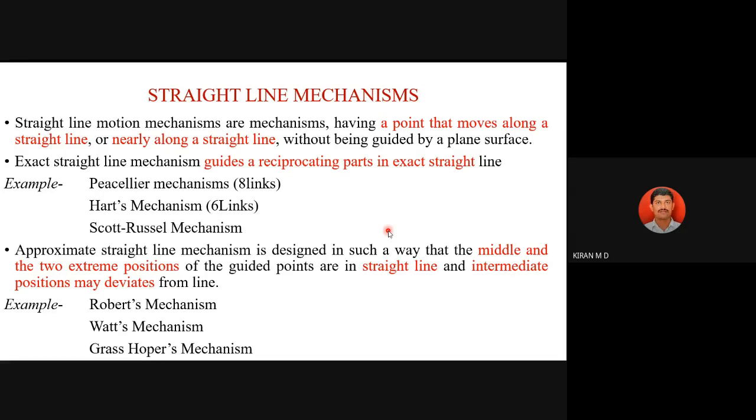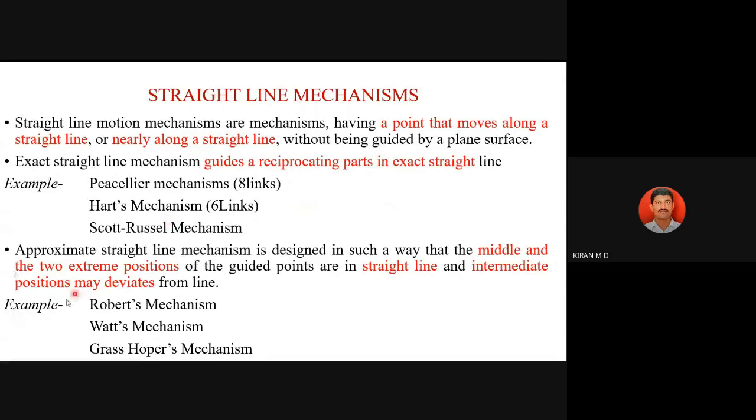Based on that, we classify them into two types. One is the exact straight line mechanism, which guides a reciprocating part in an exact straight line. Examples are the Peaucellier mechanism, Hart's mechanism, and Scott-Russell mechanism. Here the point will move in an exact straight line.